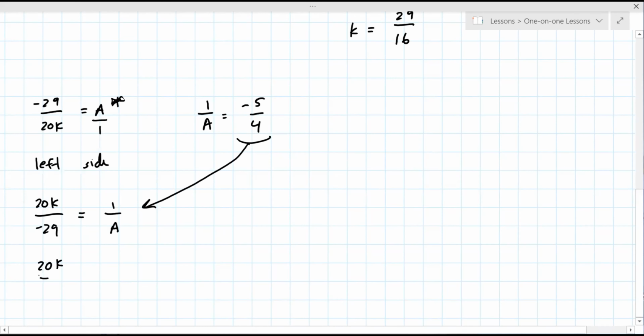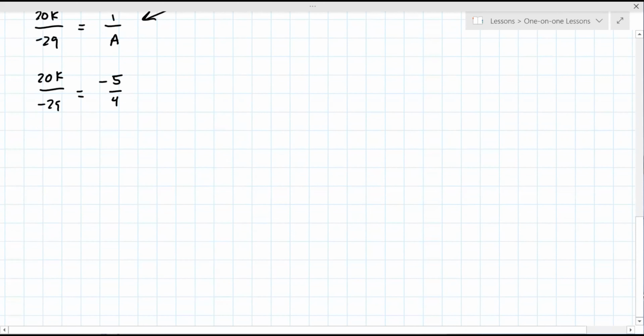So this is 20k over -29 equals -5 over 4. So you might think, well, Matthew, that doesn't seem that much simpler. Well, I made another asterisk here. There's some cancellations that you can make here. So you can always go vertical. What I mean by that is like 2 over 4 equals 1/2. You can always do that, but you can also go horizontal.